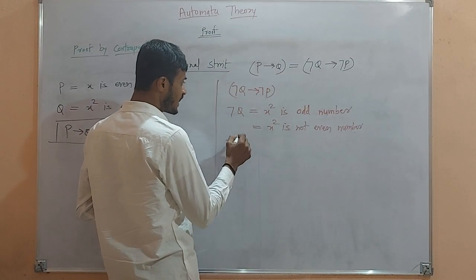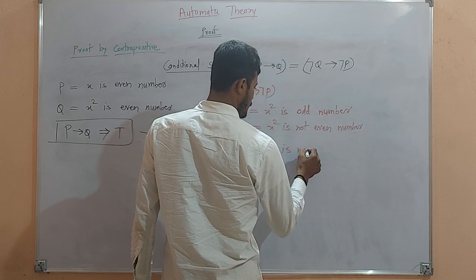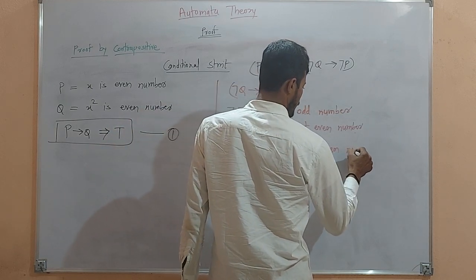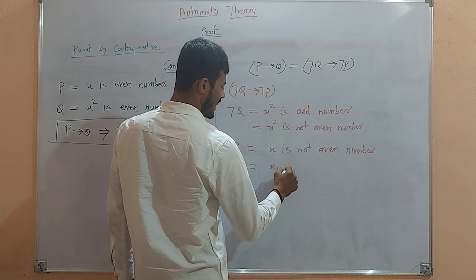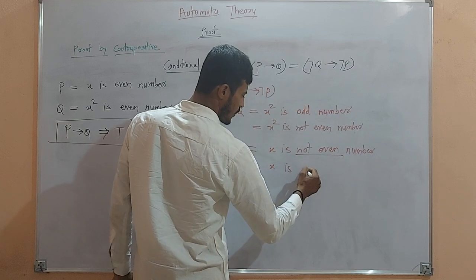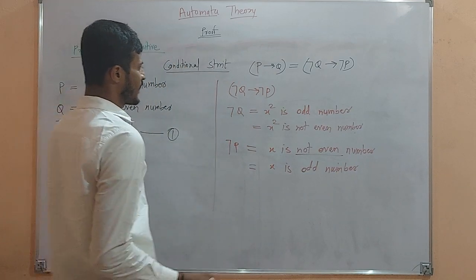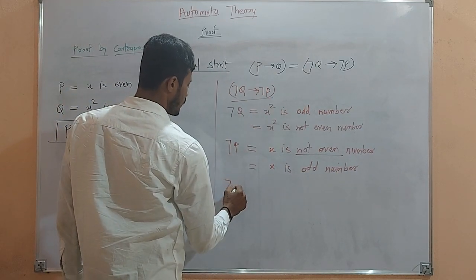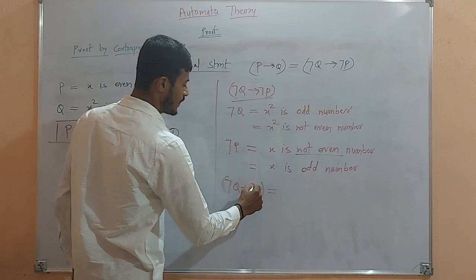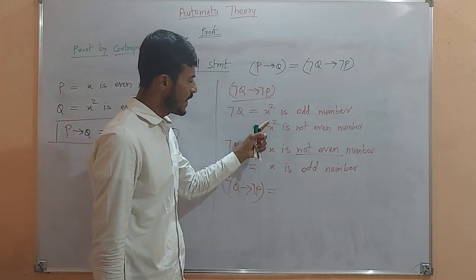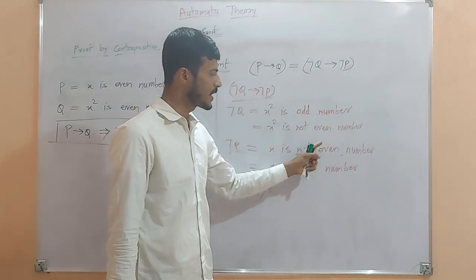Then negation P will give me X is not an even number. So I can write here negation P equals X is not even, meaning odd. So if I take negation Q implies negation P, then it will simply be: if X square is not an even number, then X is not an even number.